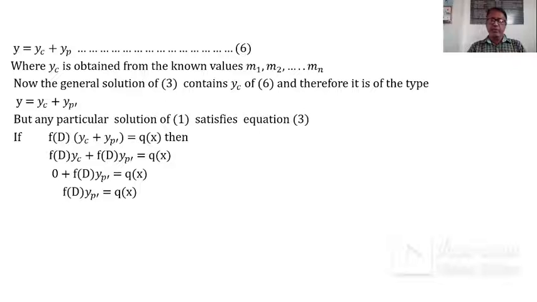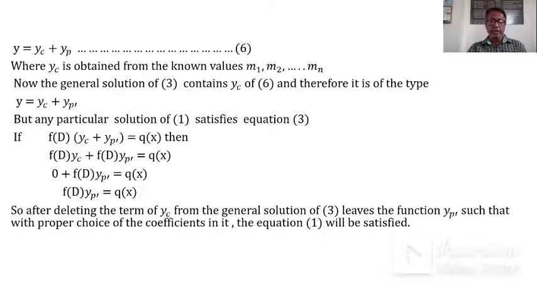Therefore, we get f(D) operate on yc = 0, and finally we get f(D) operate on yp' = q(x). We want to use this equation when we solve the example. What we can conclude from this is that yp' satisfies the given differential equation 1.